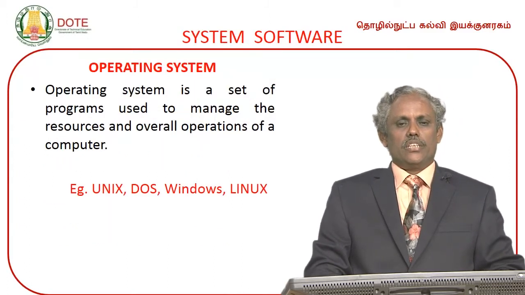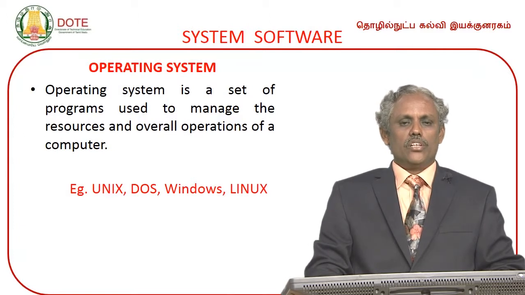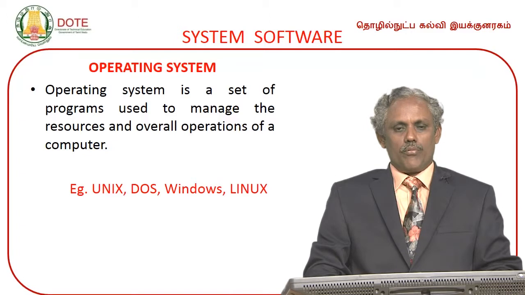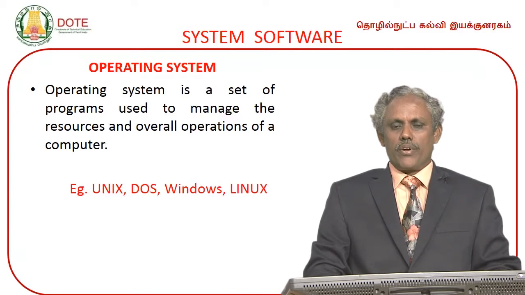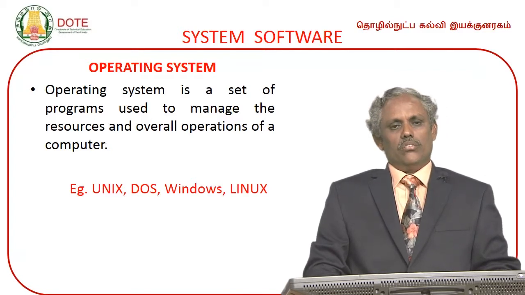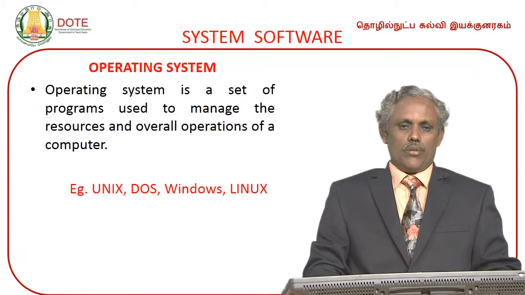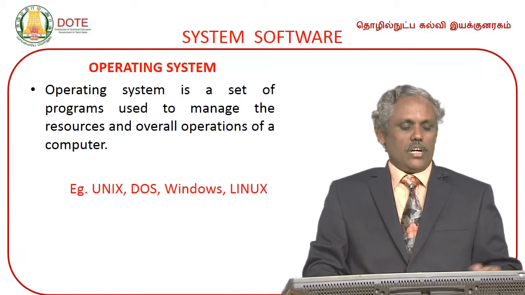Operating system is a set of programs used to manage the resources and overall operations of the computer, like Unix, DOS, disk operating system, Windows, Linux. These are the operating systems we use on desktops and laptops, etc.